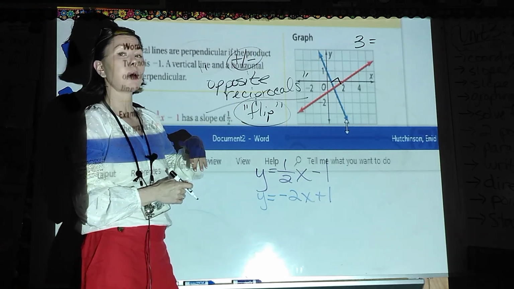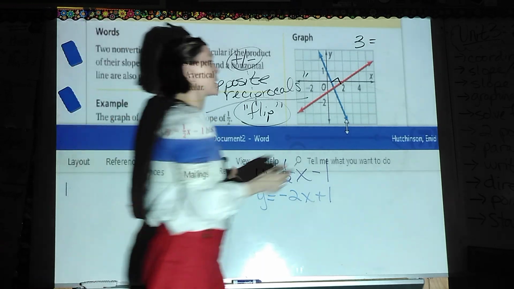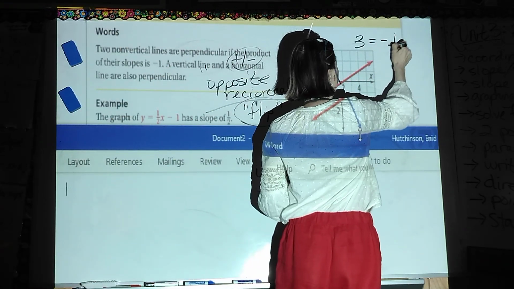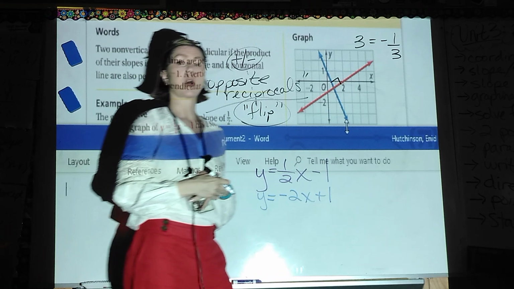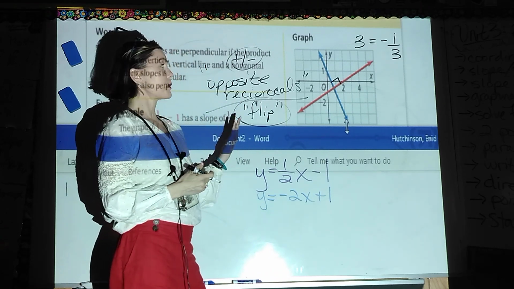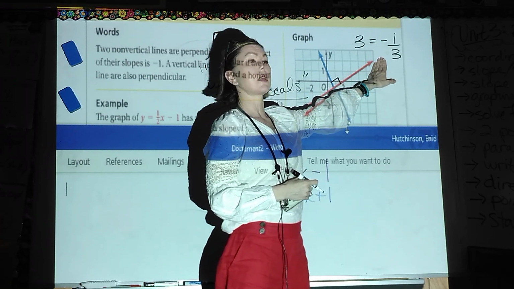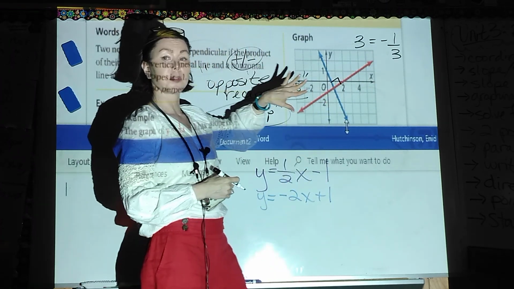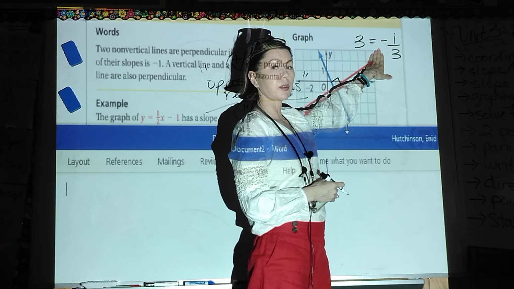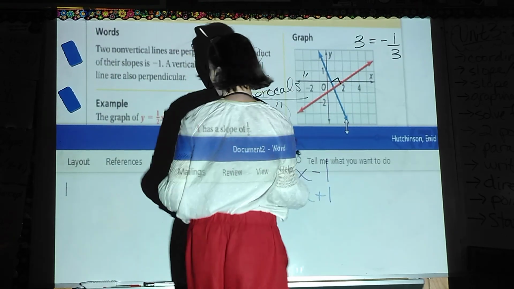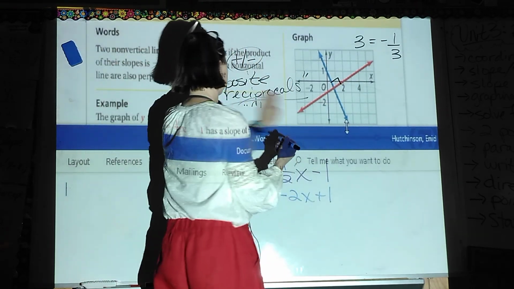And since it's a whole number, we would have to flip it down to the denominator. And we would say a -1/3. Okay? So the opposite of a positive 3 is a -3, but the opposite reciprocal, we have to flip it, would be a -1/3.